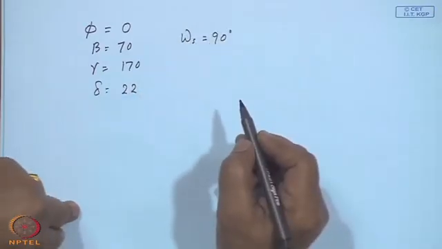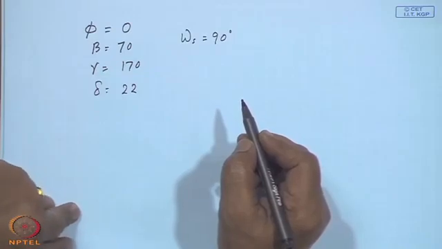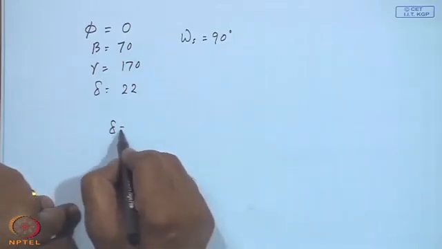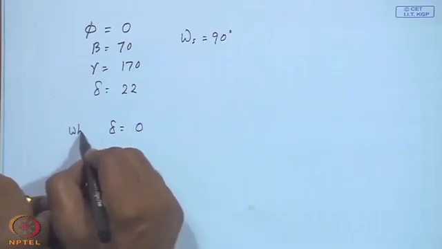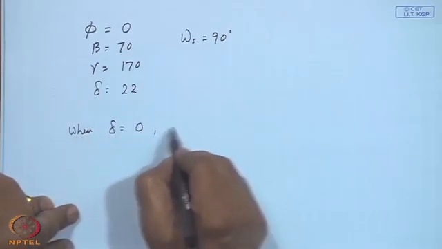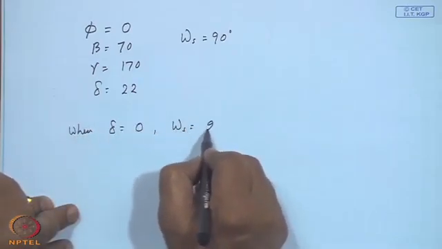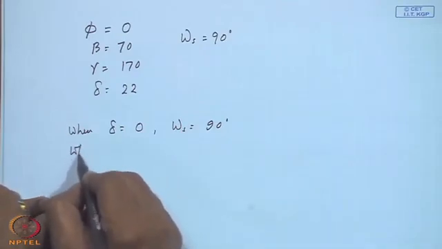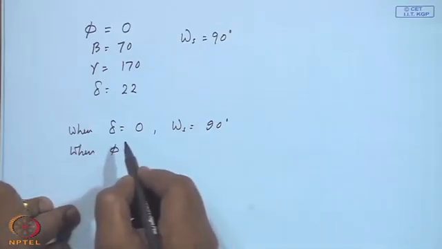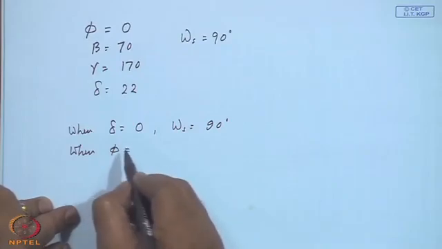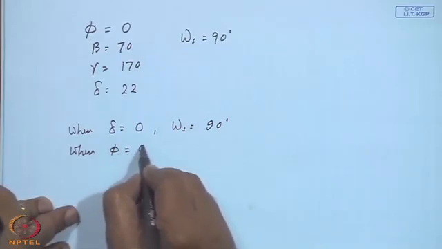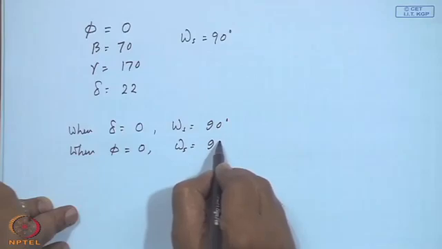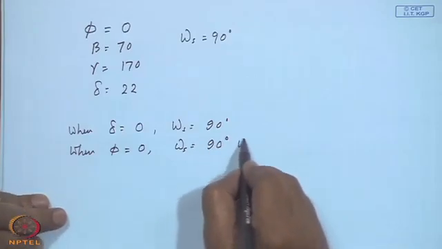I guess we had mentioned wherever you are on the earth on equinoctial day, that is when delta is equal to 0, your omega s is 90, and phi is equal to 0, omega s is equal to 90, whatever may be delta.